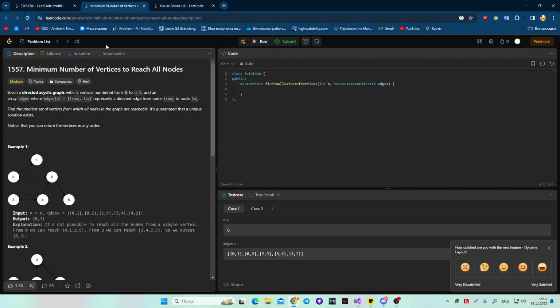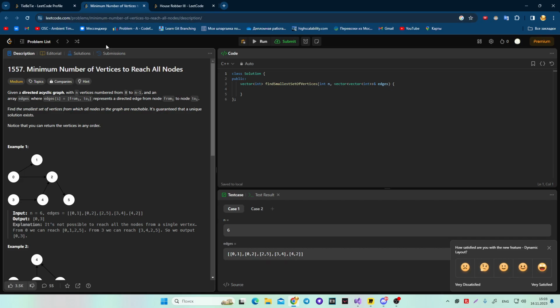You want to find maximum matching or minimum vertex cover in this task.